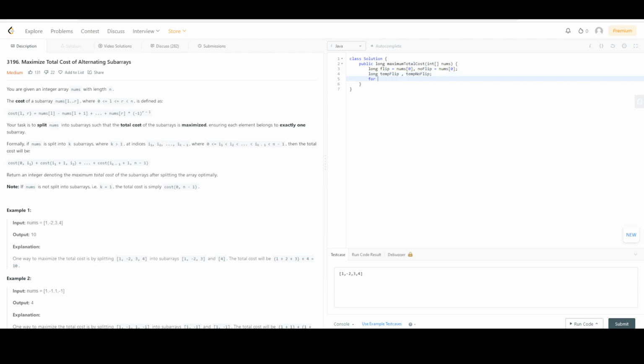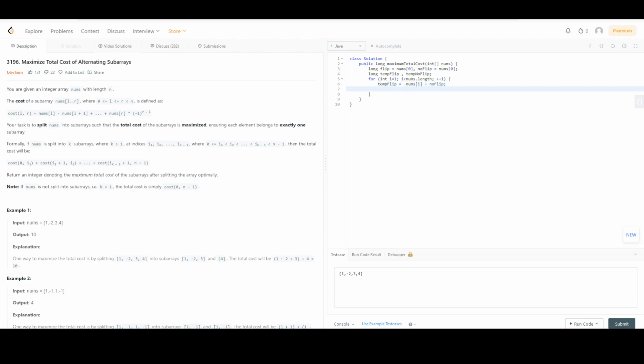Now I will iterate from i equal to 1 to i less than nums.length, i plus plus. Here my temp flip will be: if I am flipping it, I can't flip the other one, so the value will be minus nums[i] plus the no flip one.